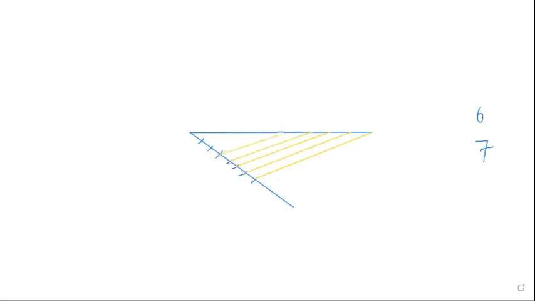Again, another parallel line. And another parallel line. So you see, we used 7 divided parts on this line.